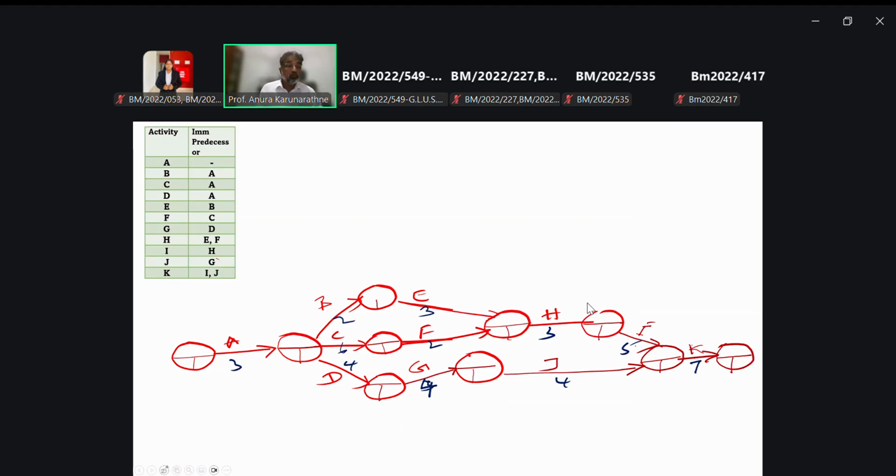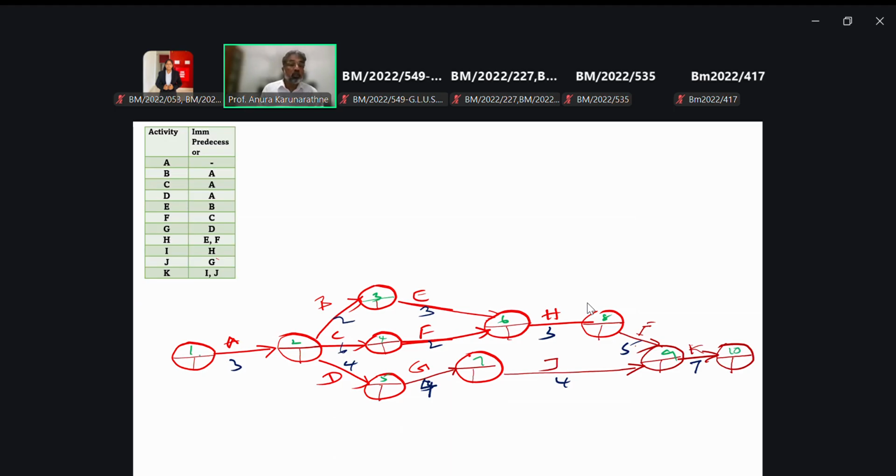So if I go to the event numbers, you can write them as 3, 4, 5, 6, 7, 8, 9, 10.